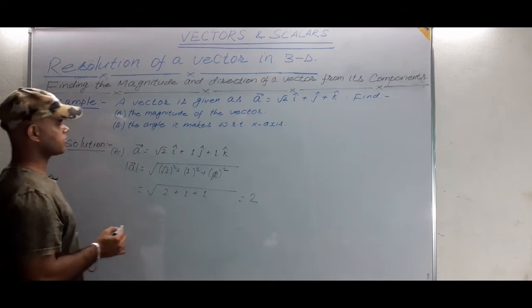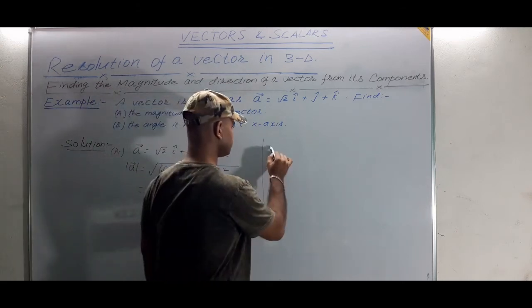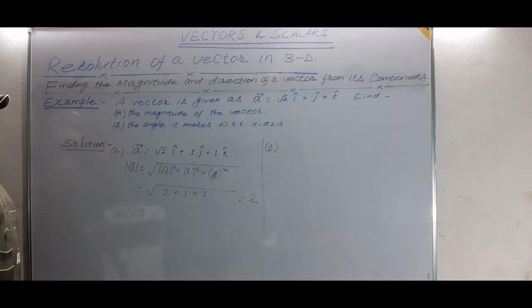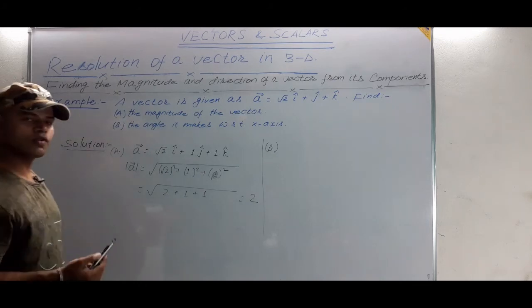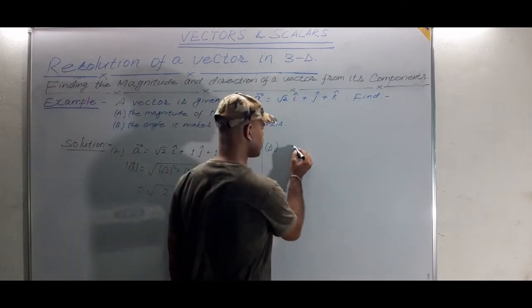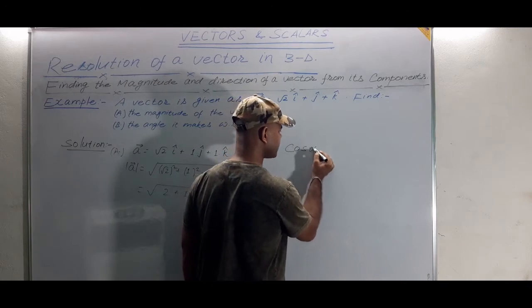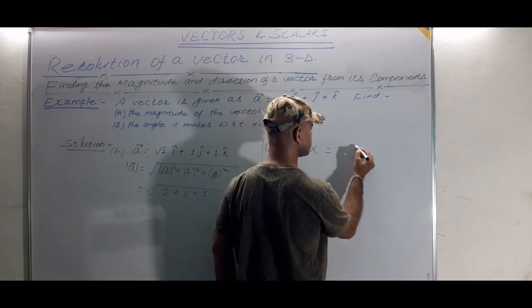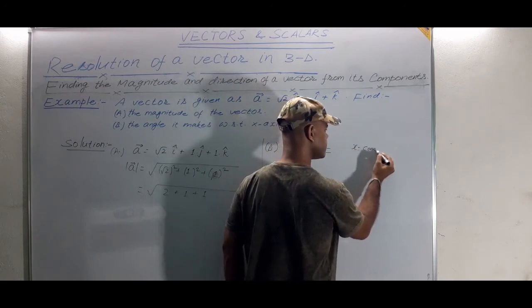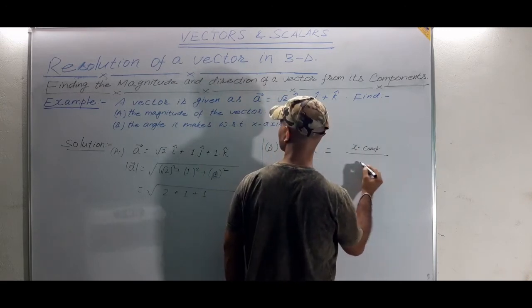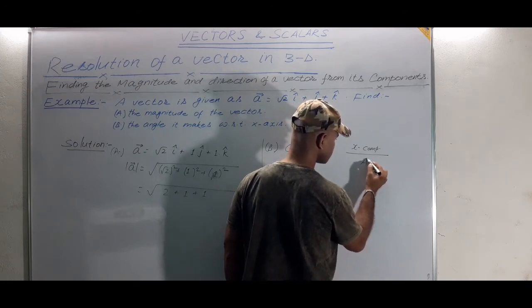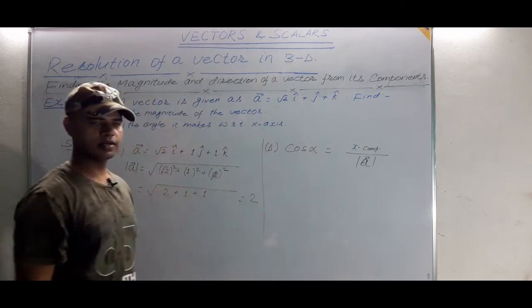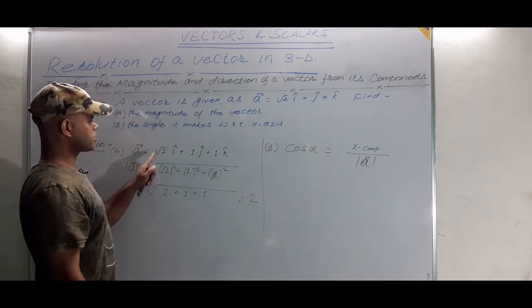Now let's look at question number 2, that is B. The angle it makes with respect to x-axis, means you have to calculate alpha, and we know cos of the angle with respect to x-axis, that is cos alpha, will be x component upon magnitude of the vector A, right? So what is the x component? Root 2.